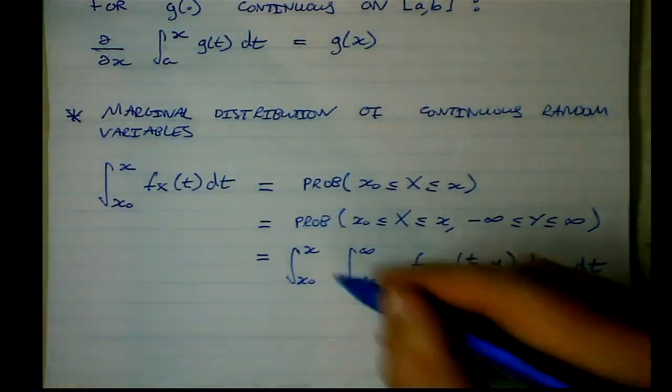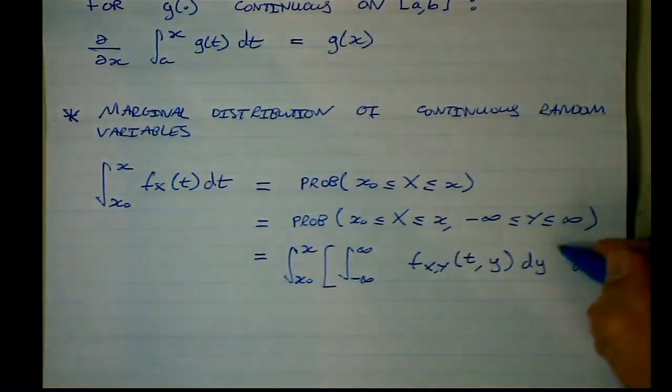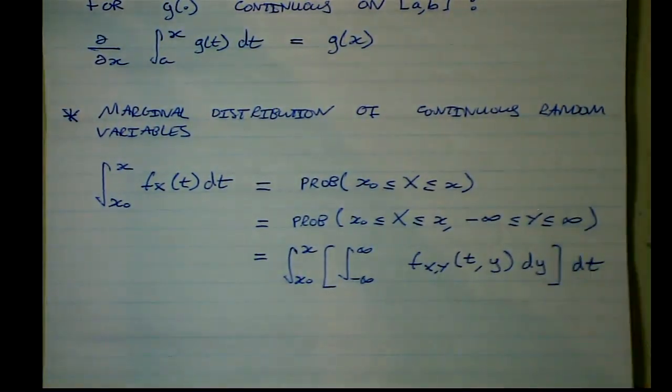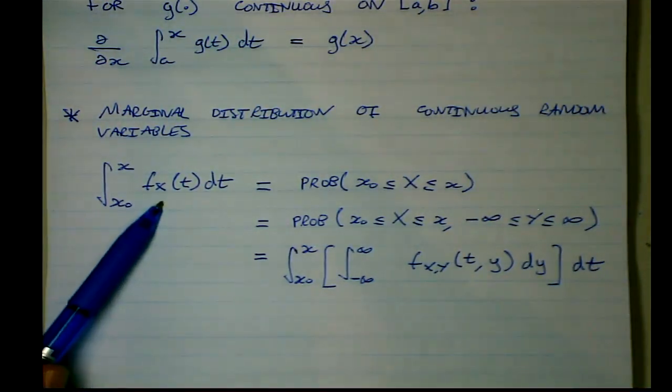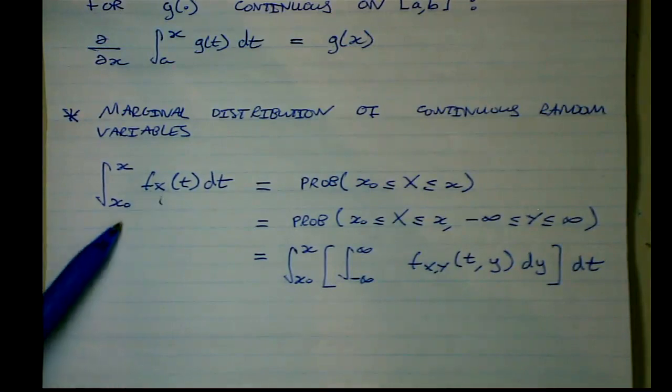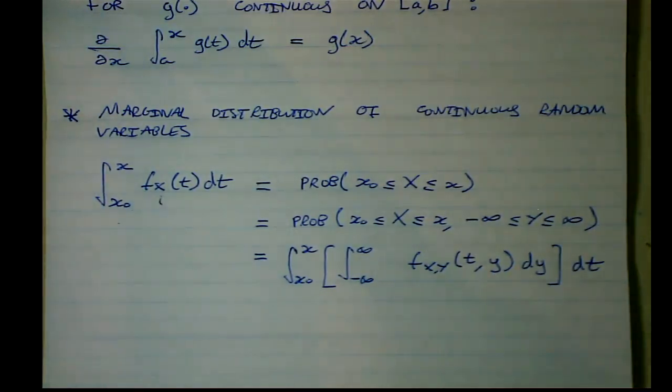And now, just to make life a bit simpler, I'm just going to put a bracket here, because we're going to do something with that term in brackets in just a moment. Okay, so now what we're after is fX. What I did was I actually integrated fX. So now I'm going to use the second fundamental theorem of calculus to get fX of x.